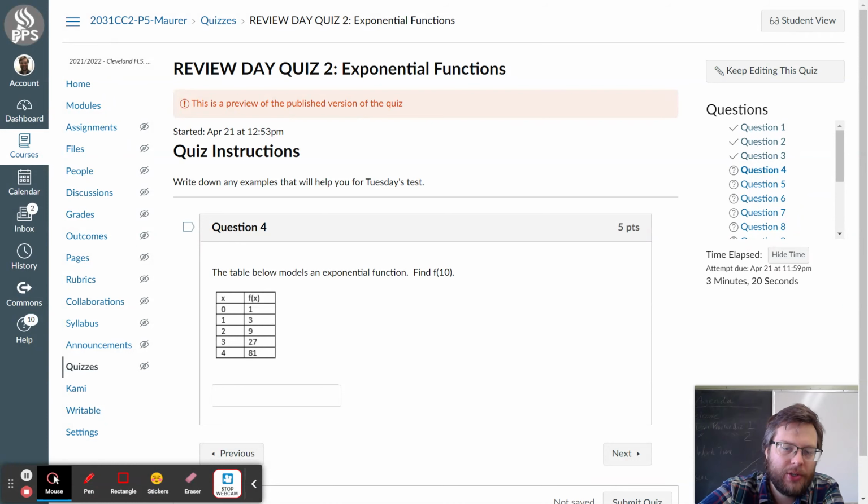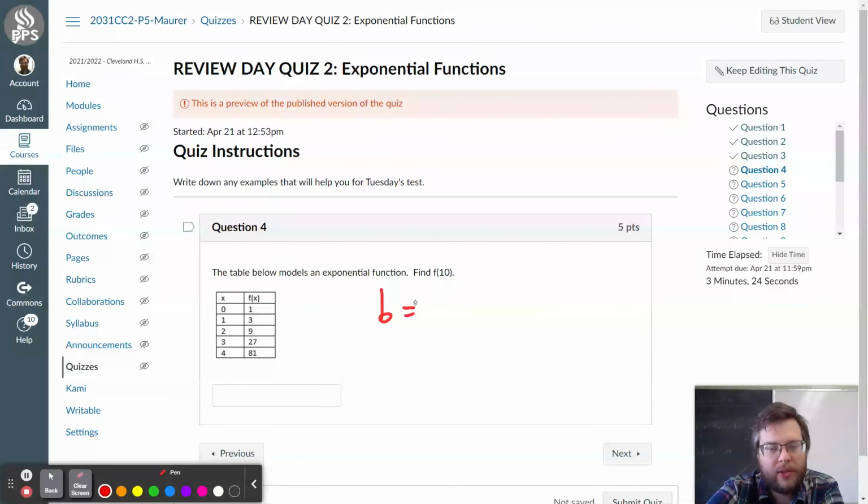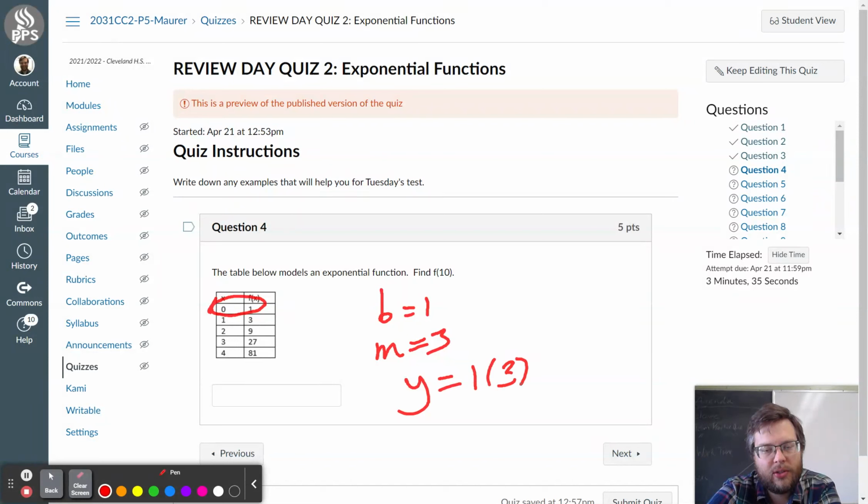Here we have an exponential function and we want to find f of 10. So I notice that the b value is 1 because that's where x equals 0. And I notice that the m value is 3 because each y value is 3 times the previous y value. So I know that we have an equation that's 1 times 3 raised to the x. And I am asked about doing f of 10.